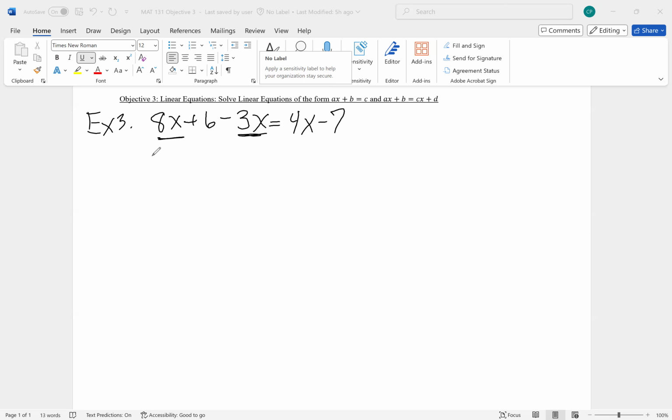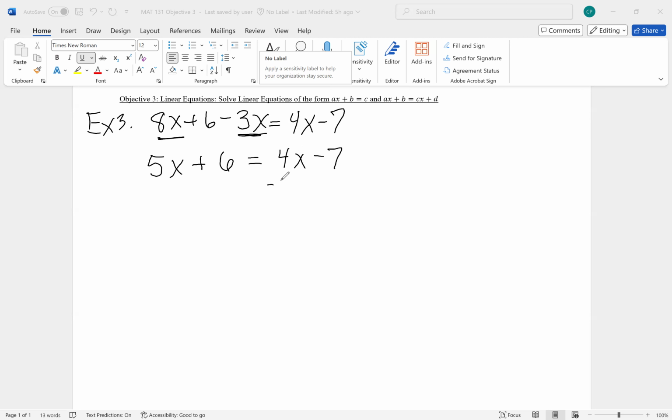So if we combine those, we will get 5x, and we will bring down the plus 6, bring down the equal sign, and bring down the 4x minus 7, okay? Now we have that second form just like we did in example 2. And so let's try to do the two things in one step for this problem.